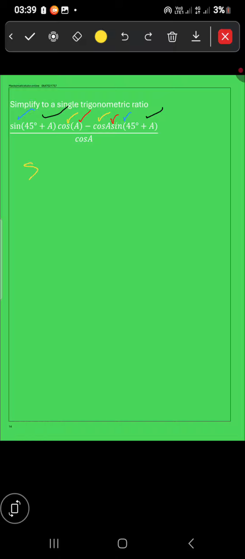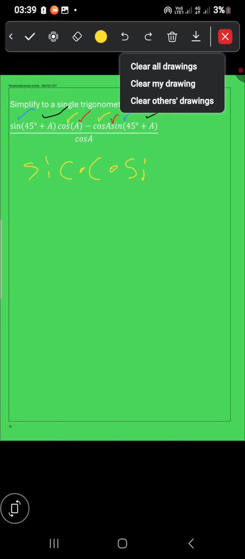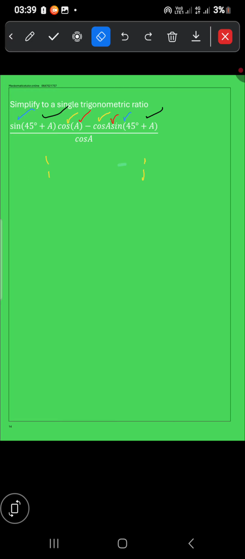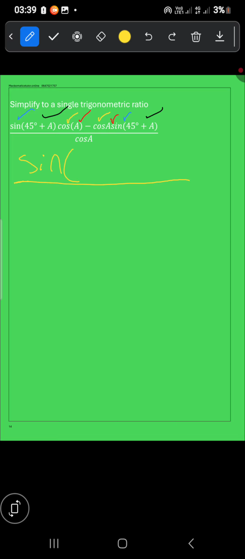So this is C co C. What I see here is C co C, which I can reverse now. And all this is the same as the sine of the first angle. This is the first angle and this is the second angle. So sine of the first angle, which is 45 plus 8.